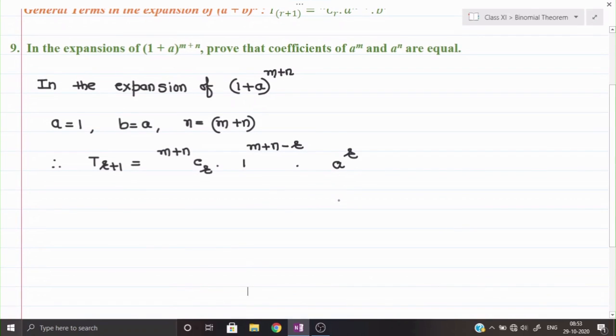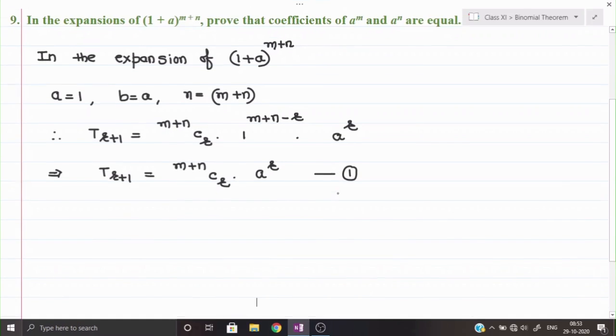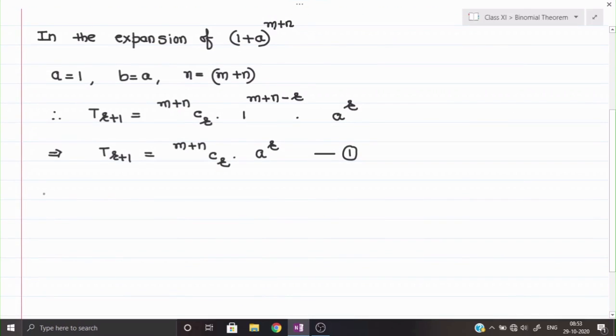Okay, if it is negative then also we do not have any problem if we are keeping it as a power of 1. And 1 to the power any number, always the answer will be 1 itself. So the term written in the t r plus 1, that we can leave it. So this will be t r plus 1 is equal to m plus n c r into a to the power of r. Equation number 1.